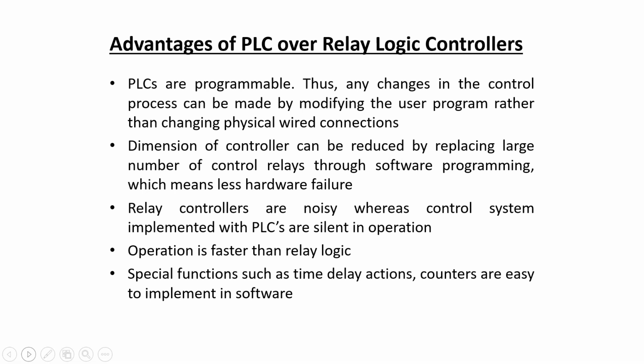And if it is necessary to make any modification in a control system that is entirely based on physical relays, then doing that modification will also become a challenging task, because all the hardware connections have to be removed, then reconnected in order to implement the modification.